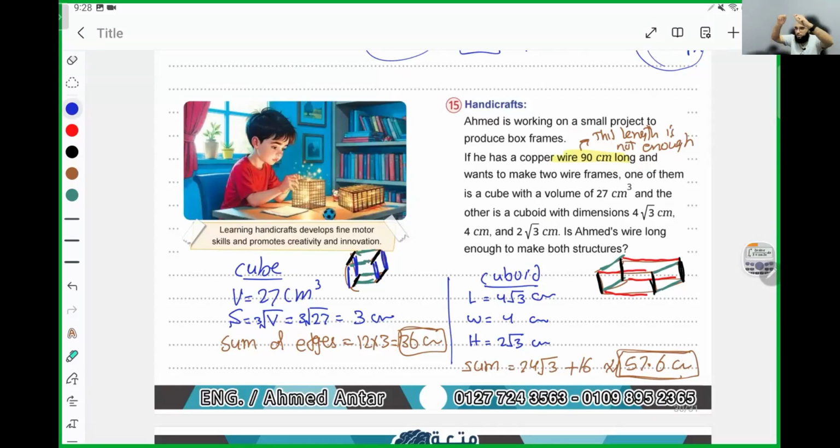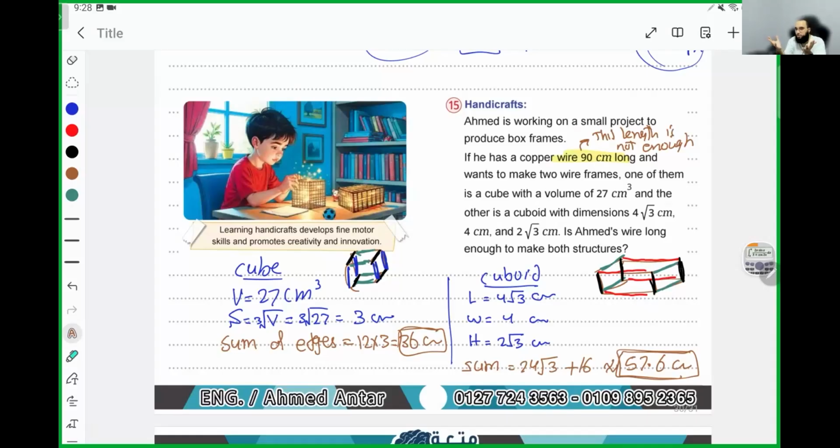When you are shaping the cuboid, you need wire to shape all of the edges: 4 parts along the length, 4 along the width, and 4 along the height, 4 by red, 4 by green, and 4 by black.